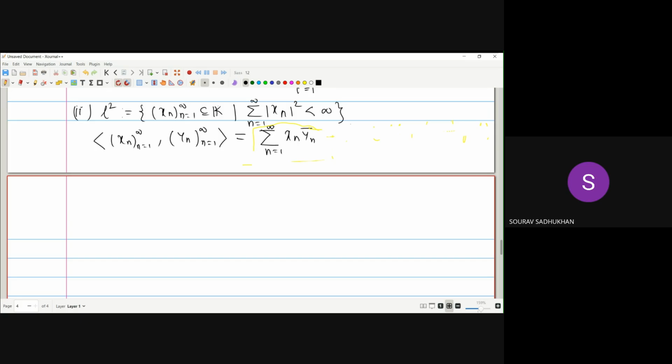Since x and y are both in L2 space, from the comparison test the series is absolutely convergent, and hence convergent.